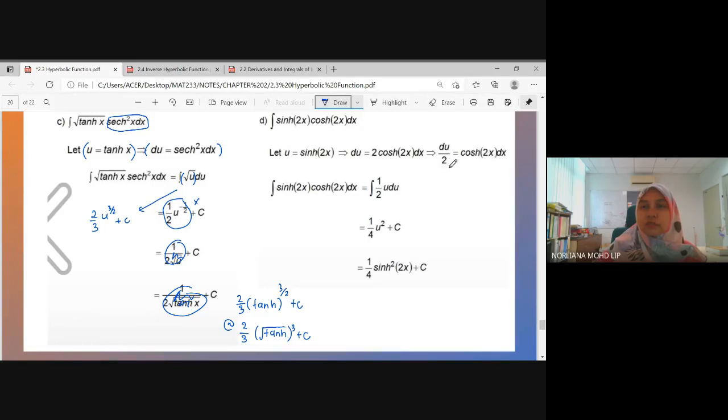So du over 2 equals cosh 2x dx. Then substitute cosh 2x dx with 1 over 2 du, and sinh 2x is equal to u.